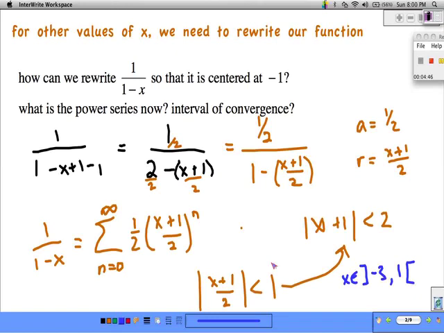And if I were to write out this power series, I could write it as 1/2 times 1 plus x plus 1 over 2 plus x plus 1 squared over 4, and so on.